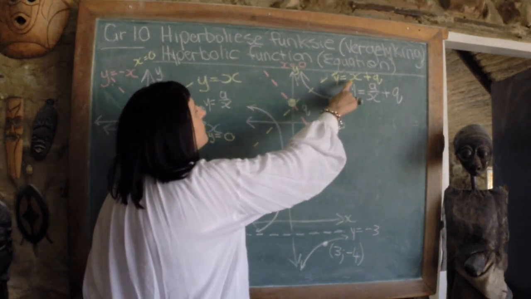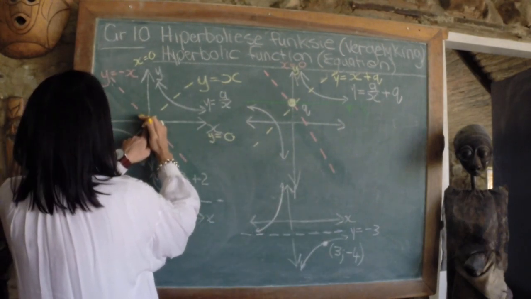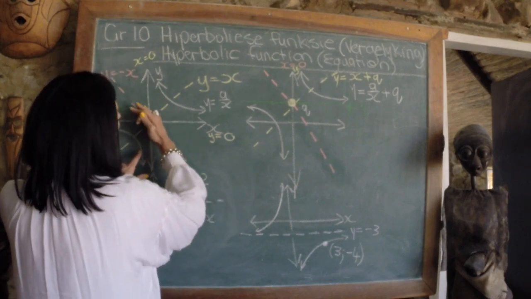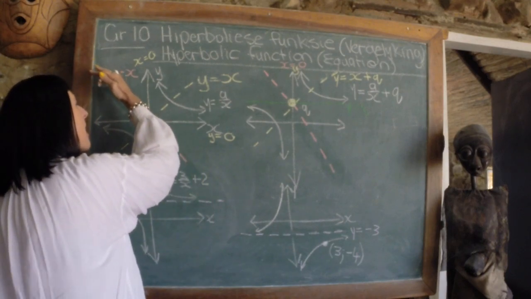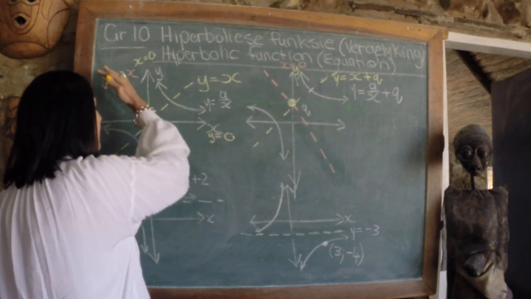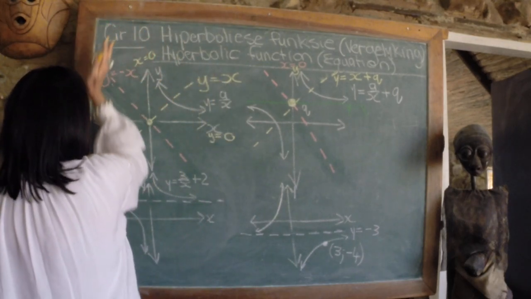Die gradient bly 1. Hoekom? Want kyk hier, hierdie lyn het net opgeskuif, so hy bly altyd ewewydig aan die moederlyn. It stays parallel to this mother symmetrical axis line. So hy skuif net so op, en hierdie een is saam.